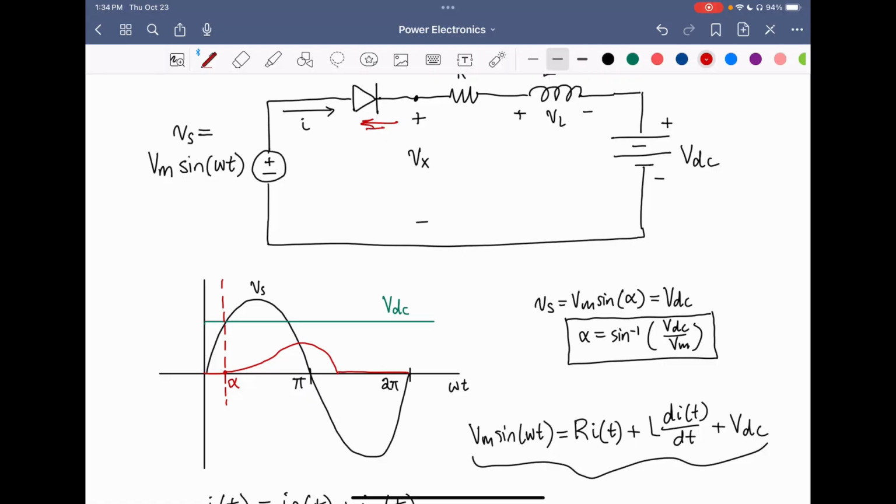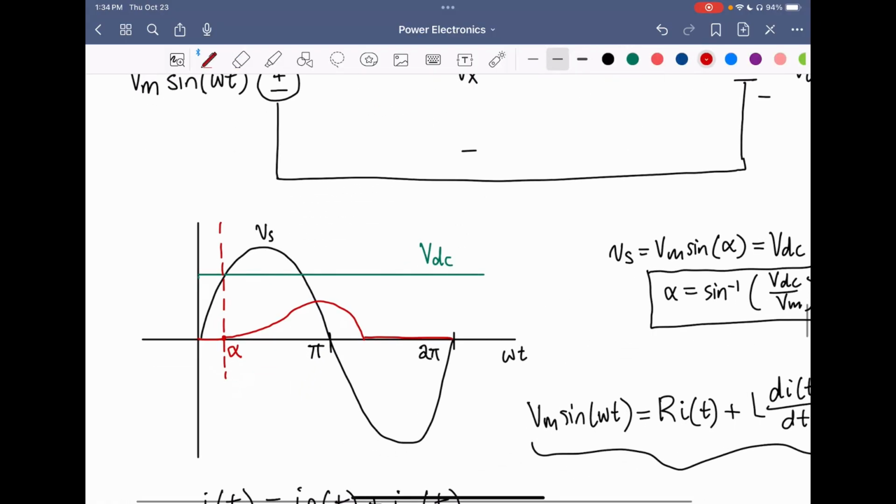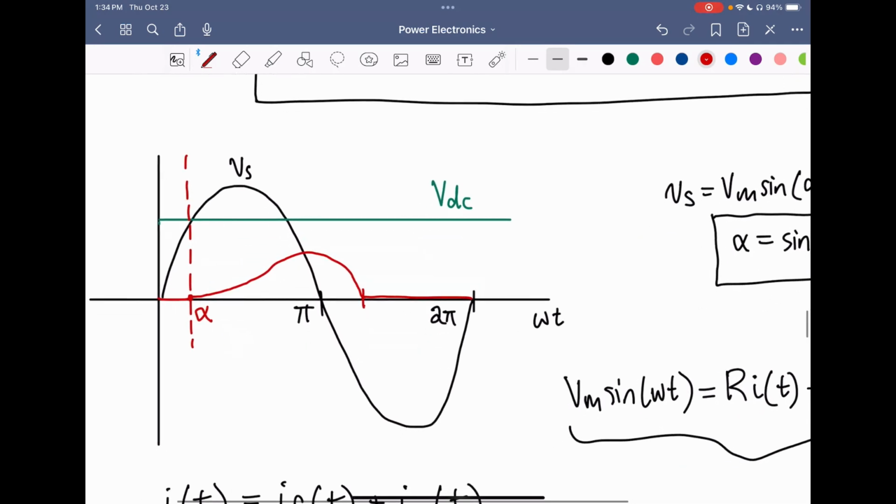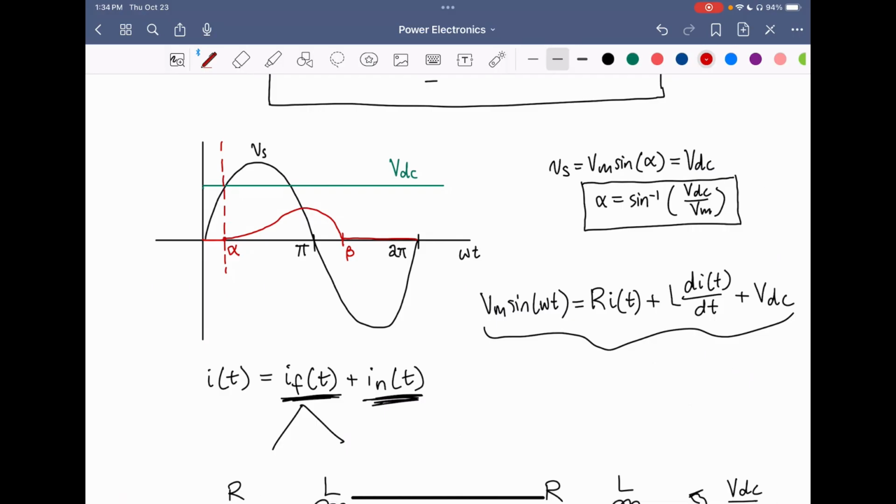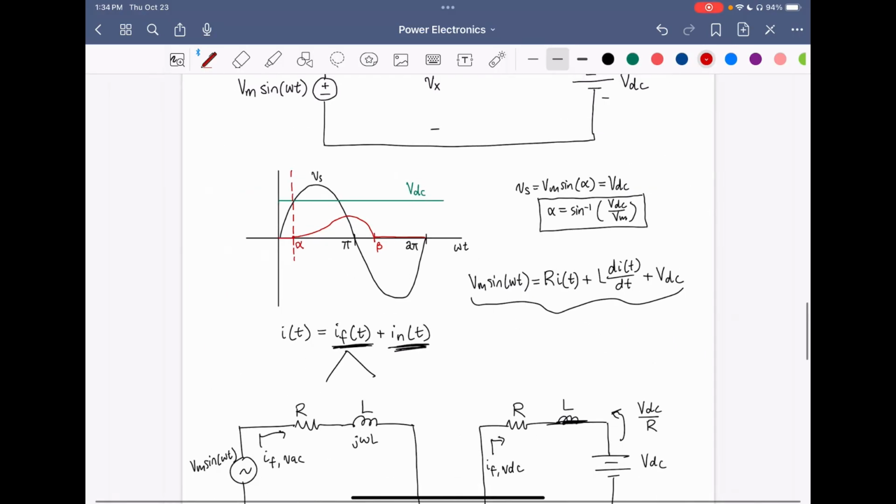At this point in which the current equation wants the current to go negative, the diode gets reverse biased. We're going to call this point beta. We can solve for beta by knowing our expression for the current and setting it equal to 0. That's another point besides alpha in which the current is 0, which we call the extinction angle beta.